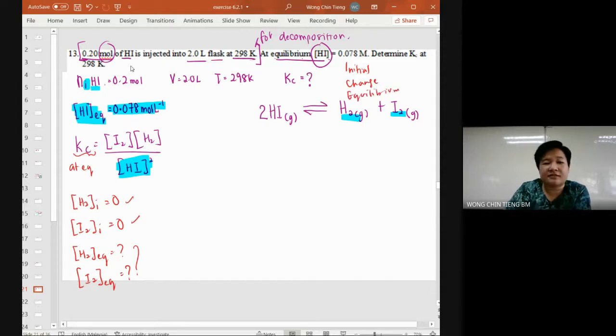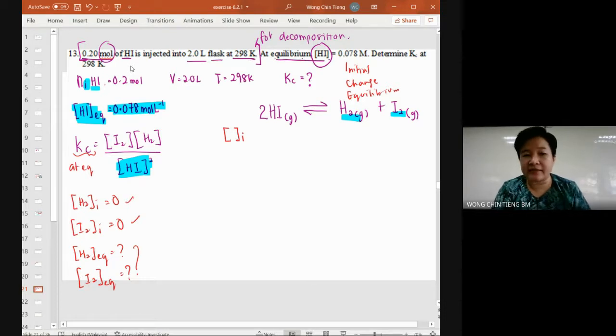So, starting off with HI initial. Cara nak label senang je. Concentration initial of HI ada atau tak ada? Ada straight away? Tak ada. How do we find the HI concentration, Iman?